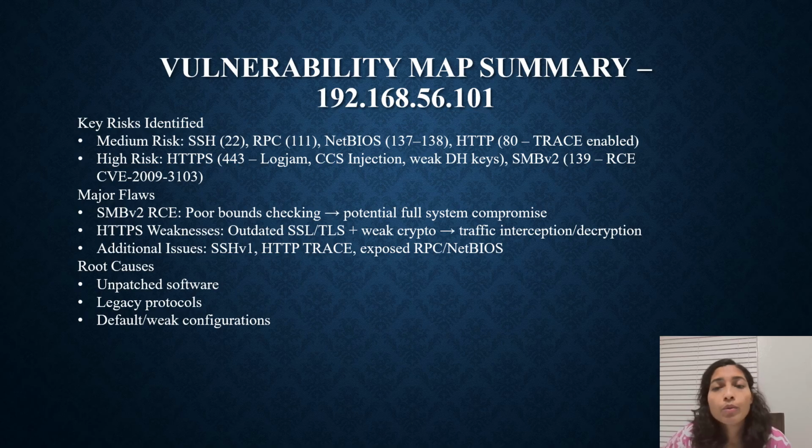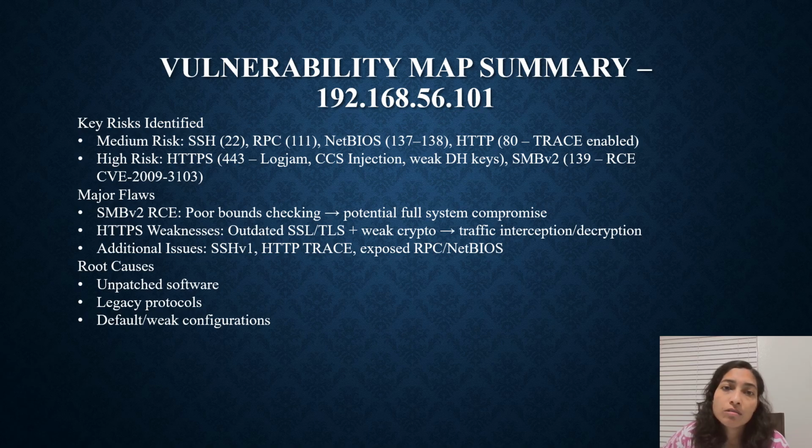SMBv2 on port 139 is even more serious. It's vulnerable to remote code execution, including the well-known CVE-2009-3103, which could let an attacker gain full control of the system.